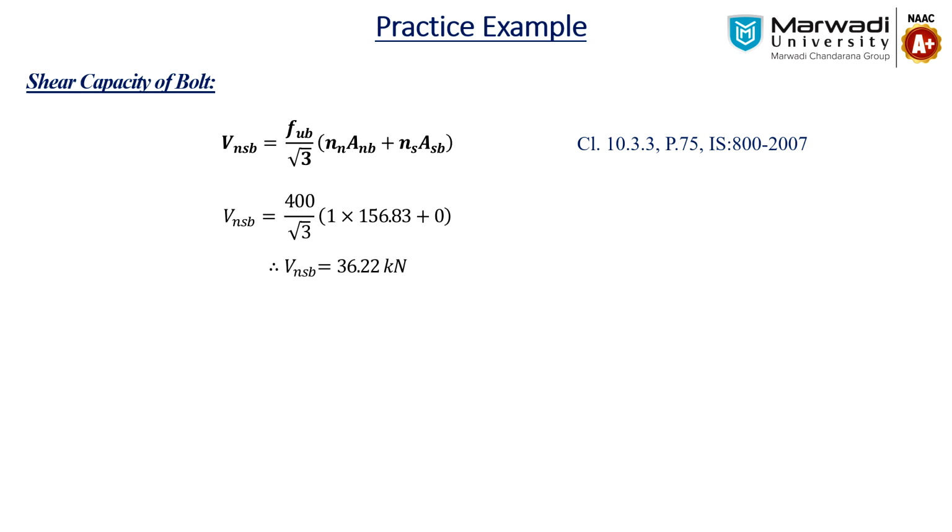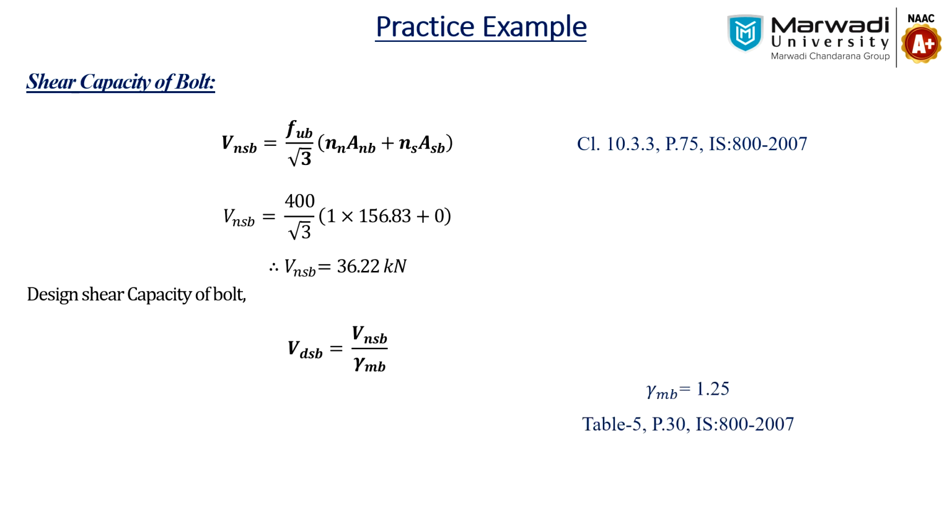Along with that, there is a design shear capacity, so that would be divided by the partial safety factor gamma mb. Gamma mb you can see from page number 30, table number 5, and that is given as 1.25. So if you put that, we will get the Vdsb, the design shear capacity of the bolt, that is 29 kN.